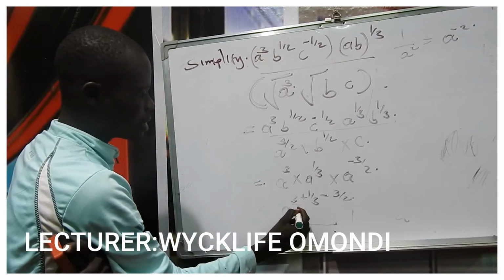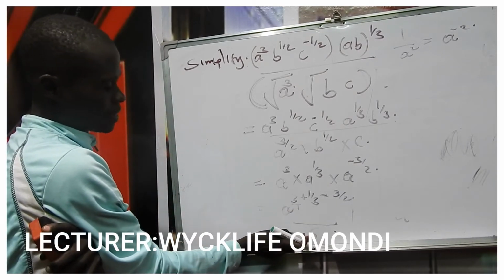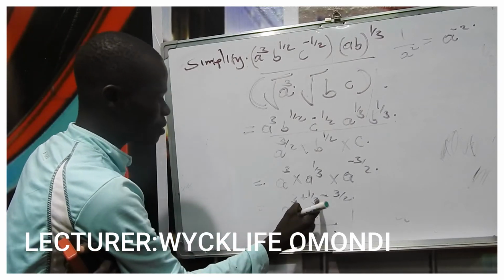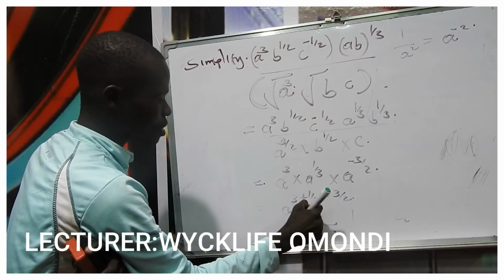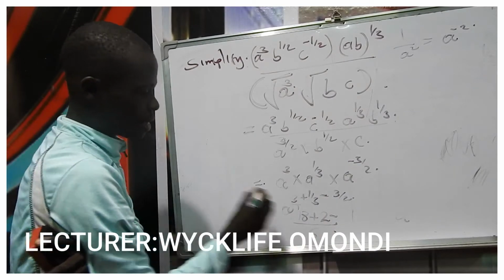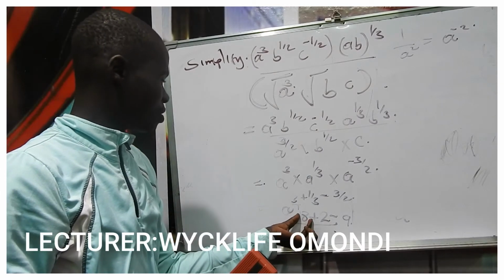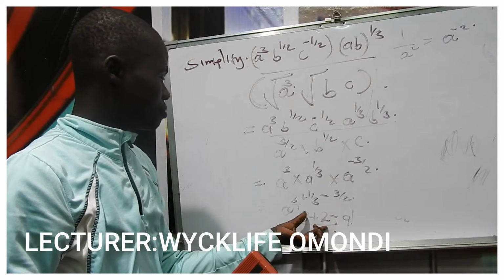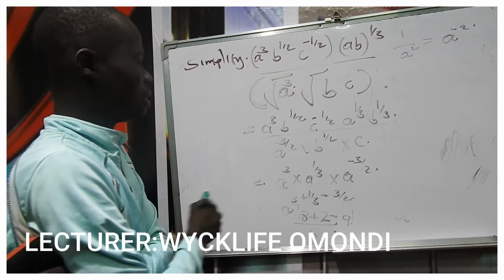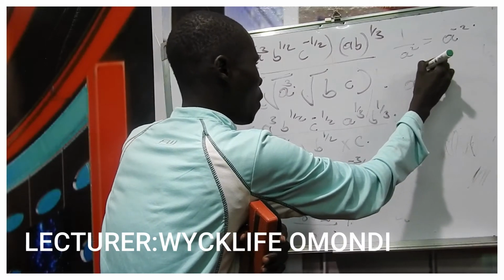The LCM of 1, 3, and 2 is 6. 1 goes to 6 six times 3, which is 18, plus 3 goes to 6 two times 1, which is 2, minus 3 times 3 is 9. The sum is 18 plus 2 minus 9, which is 11. So a will have a raised to 11 over 6.